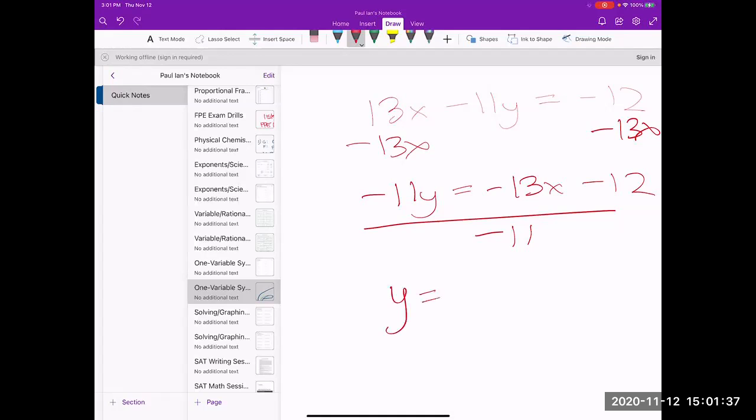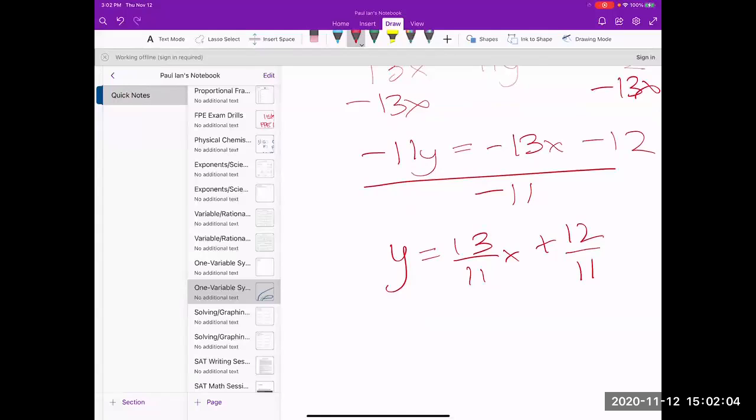So negative y, and then what's next? Negative 13x over 11. I mean positive. 13 over 11, and then what about the next one? The y-intercept. Minus 12? 12 over 11. Okay. Plus 12.